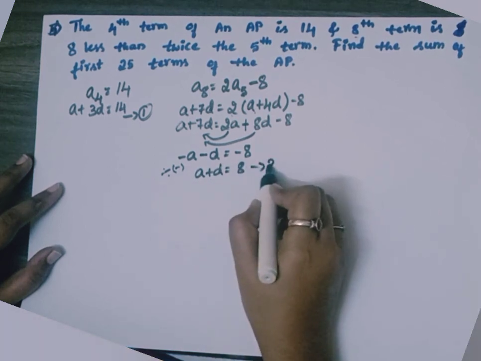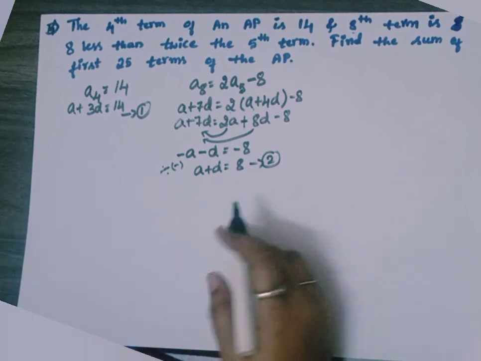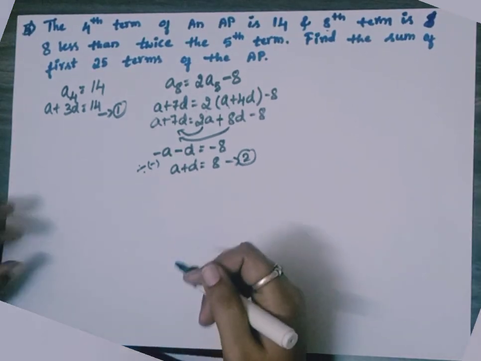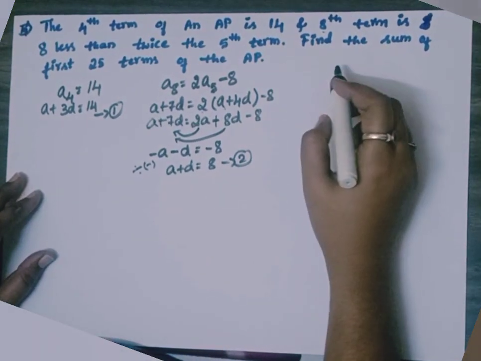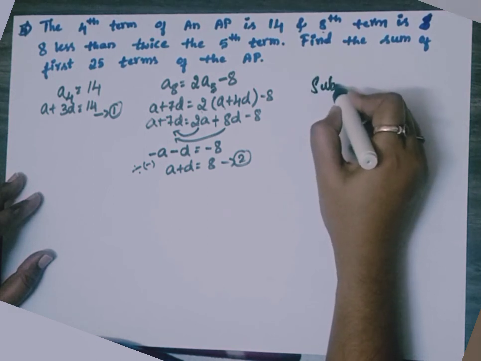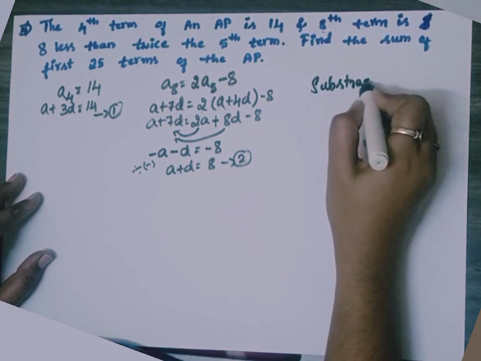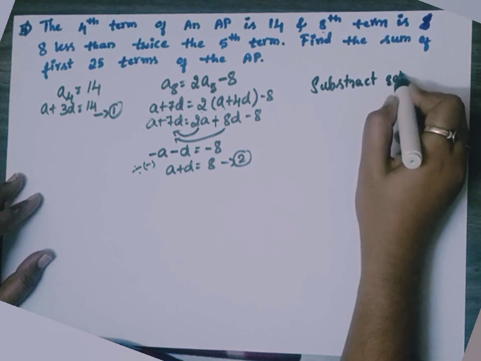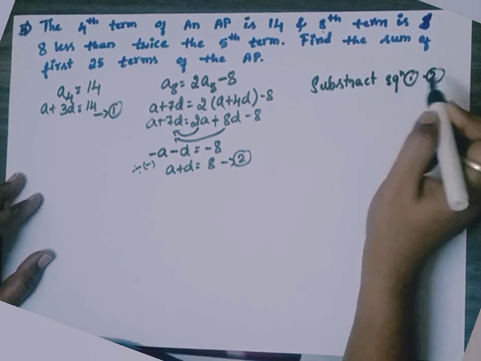This is equation 2. You can subtract, otherwise you can do the elimination method. I'll do it with subtraction. Subtract equation 1 minus 2.